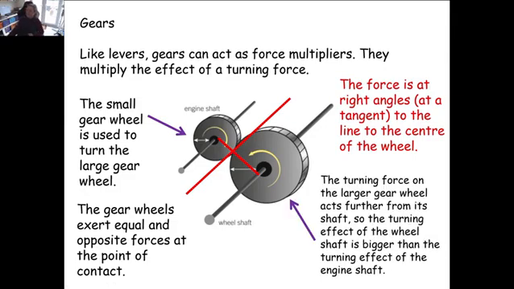Now you can see that the turning effect on the larger gear is going to be much greater than the turning effect here, because the same force is acting at this point, but you have got a much smaller distance with this small gear, so that will create a small moment, compared with a much greater moment which is achieved by multiplying the same force by a much bigger perpendicular distance. So the turning effects are different.